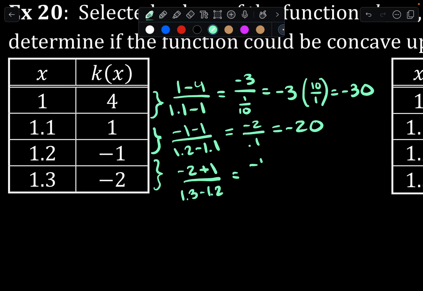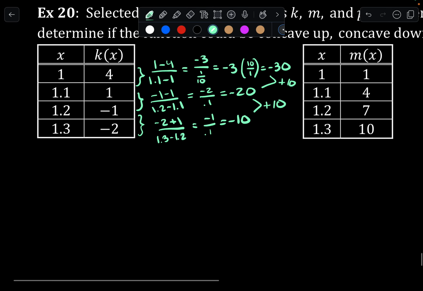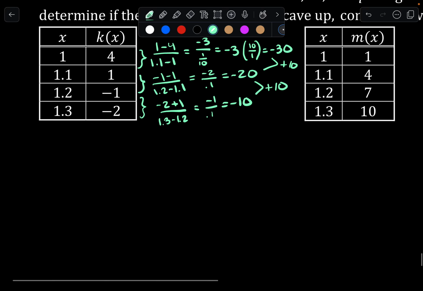So we end up with -1 divided by 0.1, which equals -10. So if we look at this, we go from -30, -20, -10. And if we compare those values, we go +10 and +10, which means over these small length intervals, the average rate of change is increasing by 10 each time, okay? So that means this is concave up.